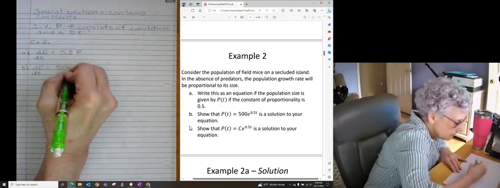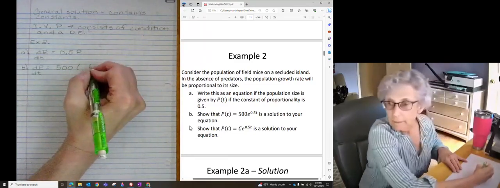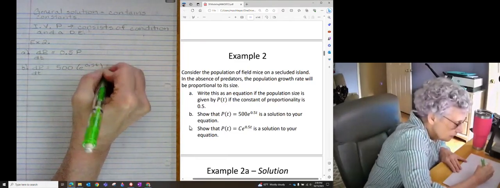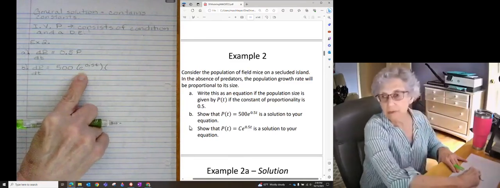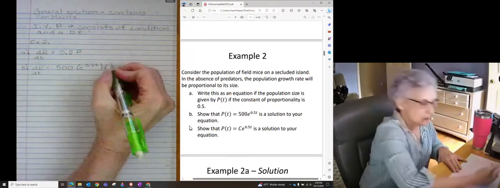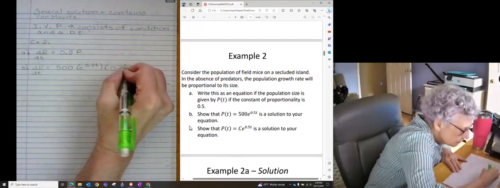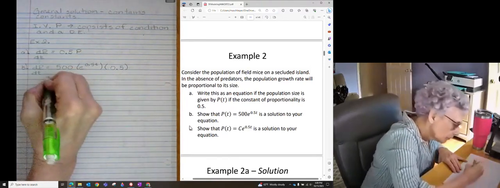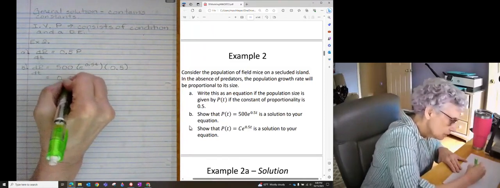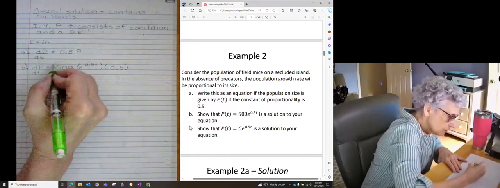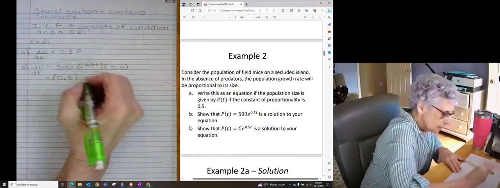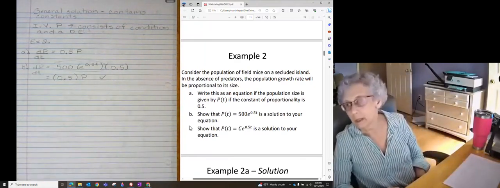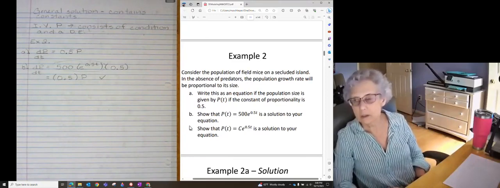So I have 500 and then e to the 0.5 t. The derivative of e to the 0.5 t is e to the 0.5 t times 0.5, because that's the chain rule. Well, that's just equal to 0.5 times the P that we started with. So we have shown that it is a solution to our equation.